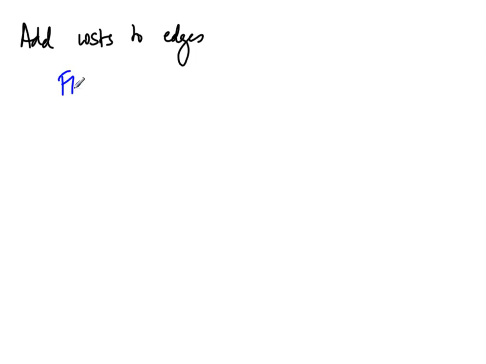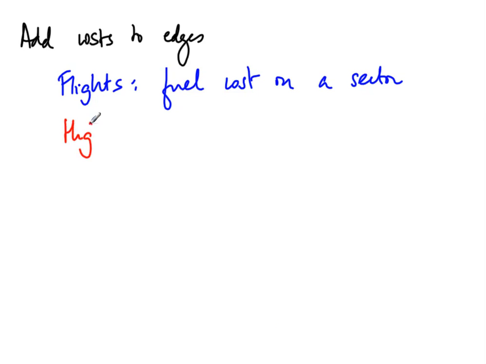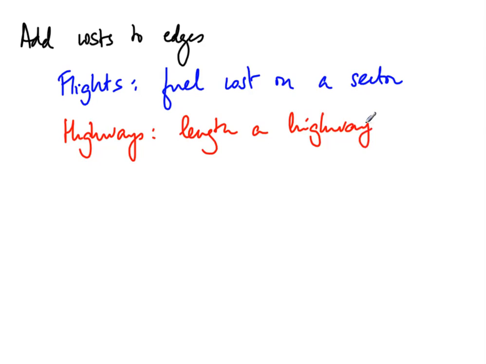So for the flights, for instance, it could be the fuel cost on a sector. For the highways, for example, it could be the length of the highway, assuming that upgrading a highway section is proportional to the length of the section. It takes more money to upgrade a 100-kilometer section than to upgrade a 20-kilometer section.